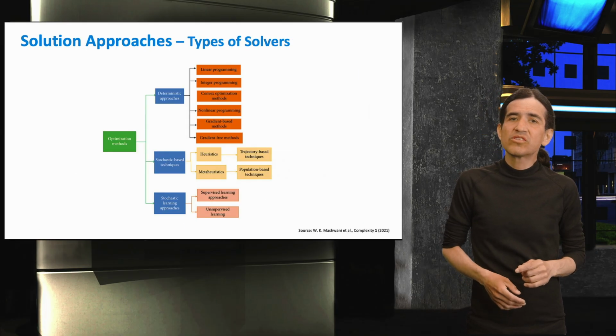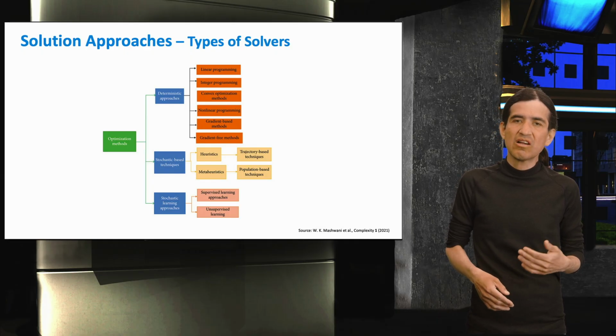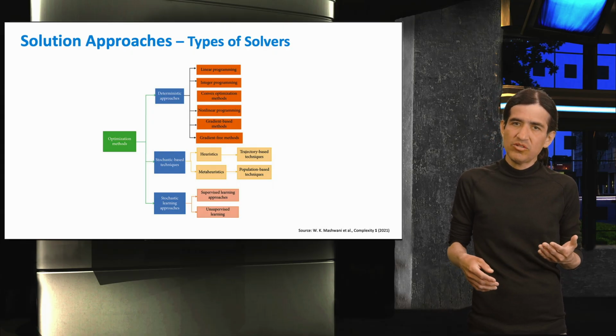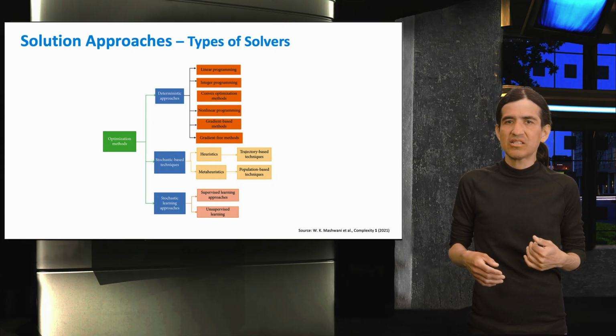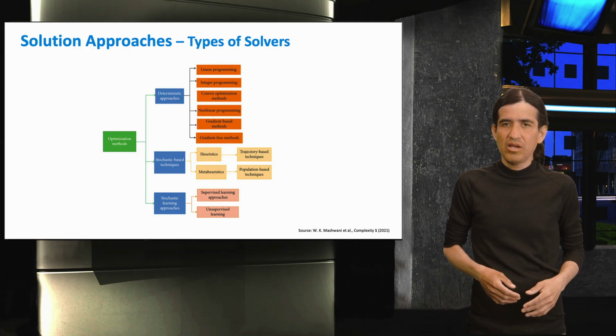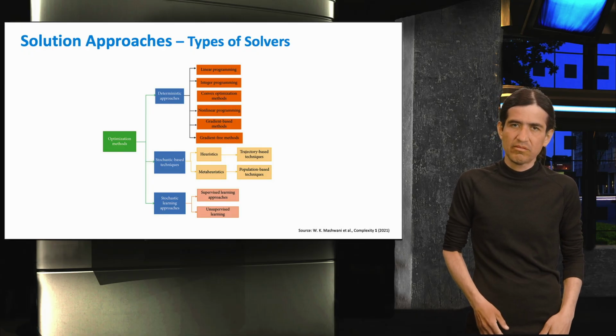A simple and useful classification of optimization solvers commonly found in both open source and commercial software distinguishes between deterministic approaches, stochastic-based techniques, and stochastic learning approaches, based on how they explore the solution space.